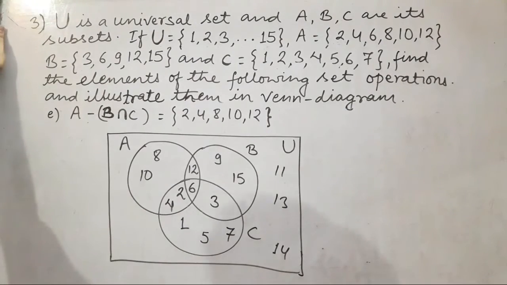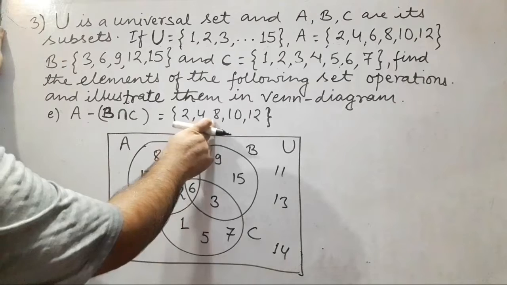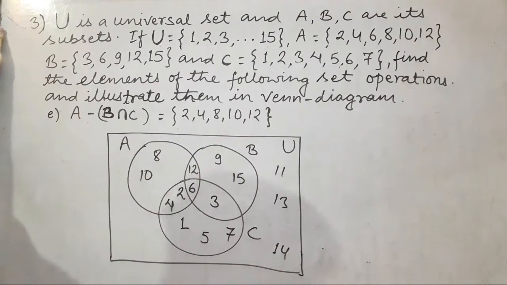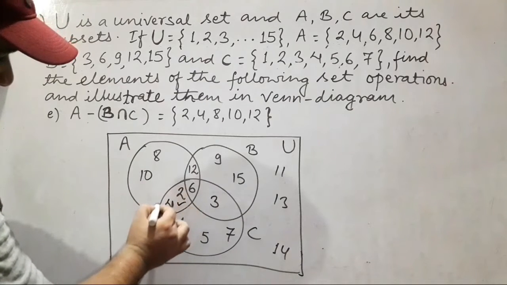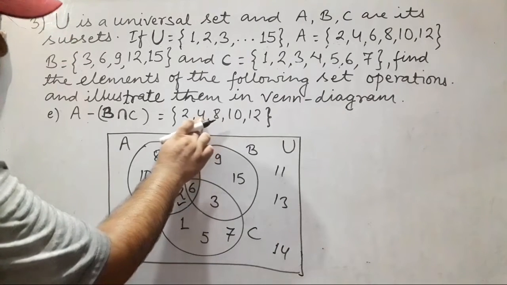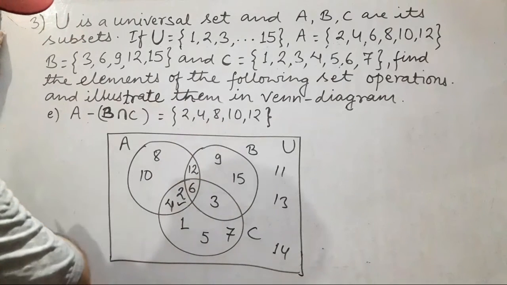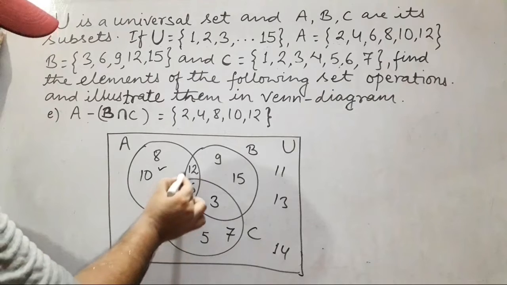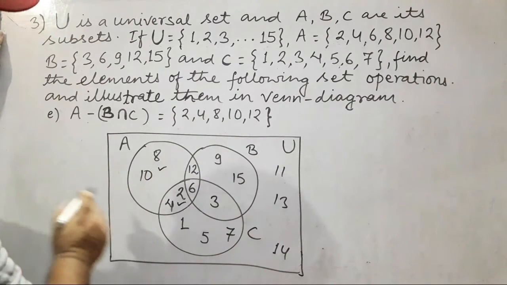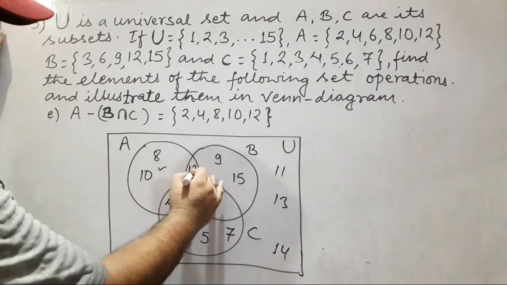Now we shall set in the Venn diagram. Let's see which part contains the elements 2, 4, 8, 10, 12. Okay, the element 2, this part we shall set. The element 4 is in the same part. The element 8, that means this part we shall set. 10, the same part. 12, that is this part.